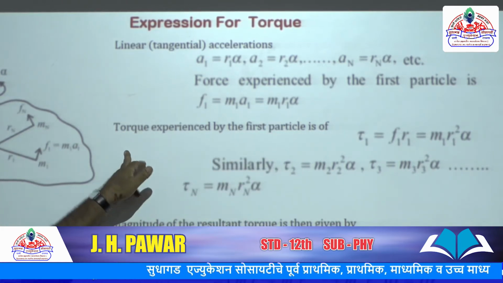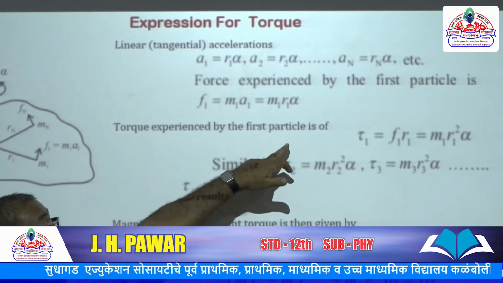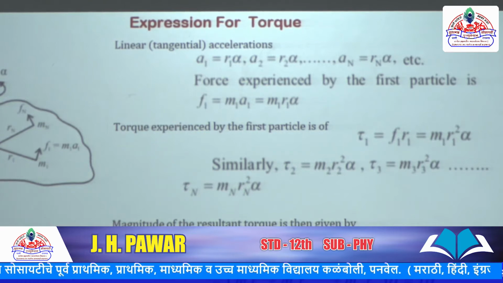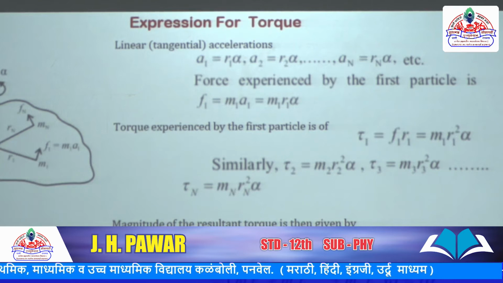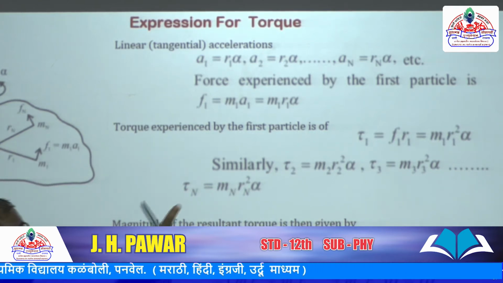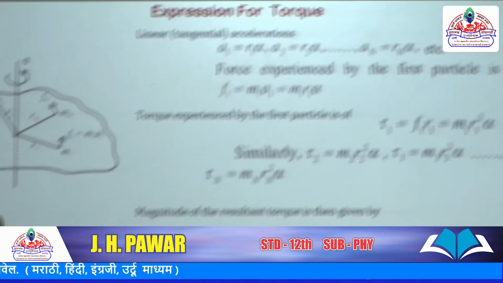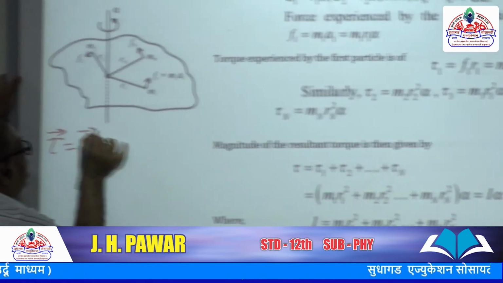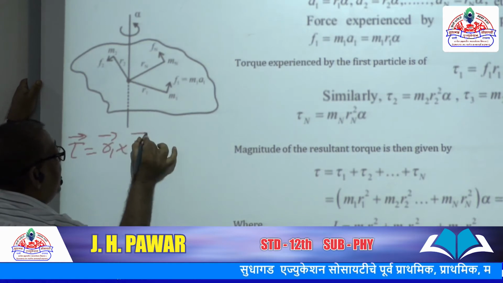Then the torque experienced by the first particle: how can we take this torque? It is taken in magnitude form. You can also mention it in vector form, torque equals vector r1 cross vector f1.